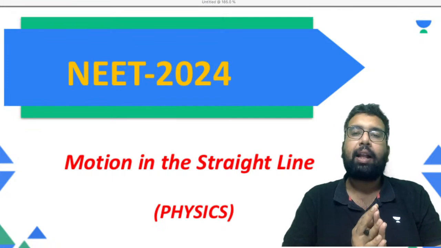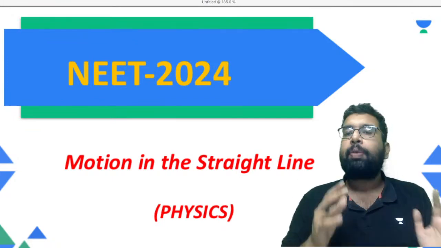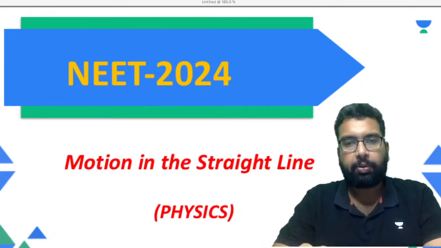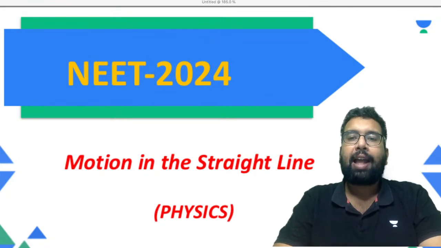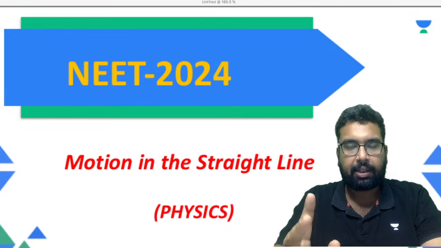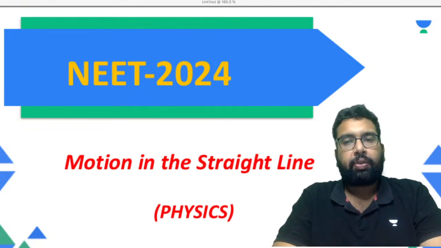In the last session, we started with kinematics. Previously on the channel, we completed the first chapter, units and measurement, and afterwards we started kinematics. This is the second session in the motion in a straight line segment.